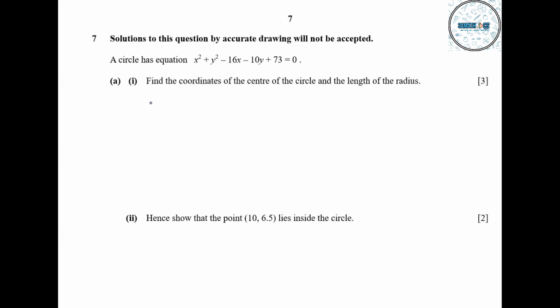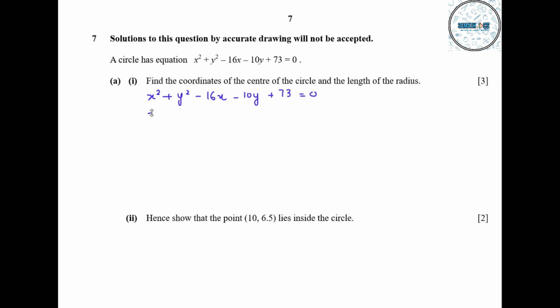And in part A, part 1, we have to find the coordinates of the center of the circle and the length of the radius. So we have equation x squared plus y squared minus 16x minus 10y plus 73 is equal to 0.